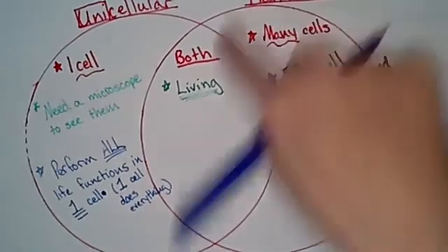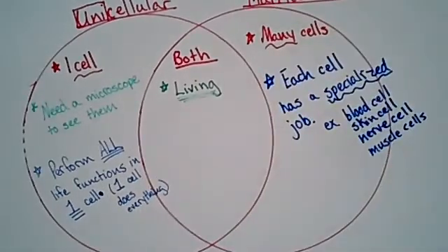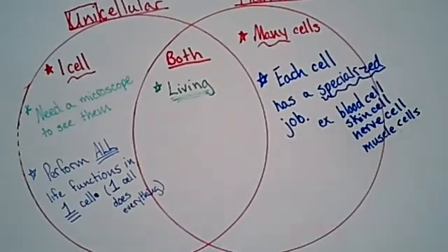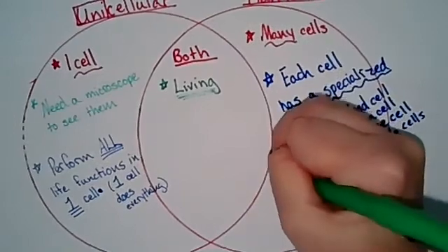Okay, and in a multicellular organism, all these different cells, blood cells, skin cells, nerve cells, muscle cells, they gotta work together.